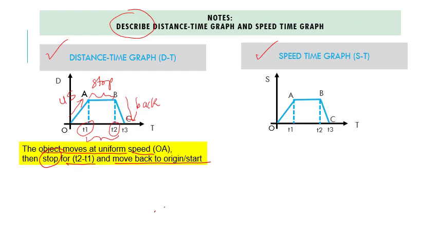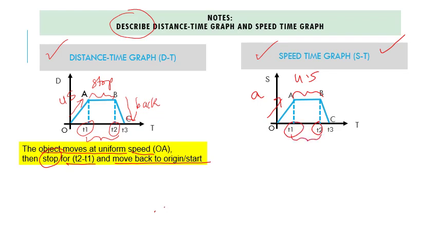But for the speed time graph, it's totally different. First, for OA, the object is moving with increased speed. You say it is acceleration. And then for this one, it is still moving at uniform speed, for how long? T2 minus T1.